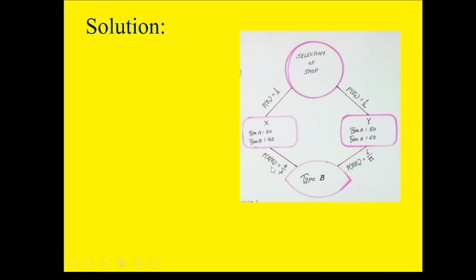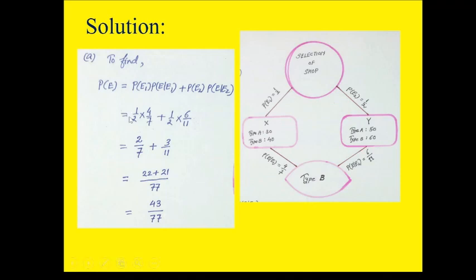In shop X there are 40 tins of type B ghee, and in shop Y 60 tins of type B ghee. So this probability will be 4 by 7, that means 40 by 70, and this is 60 by 110.